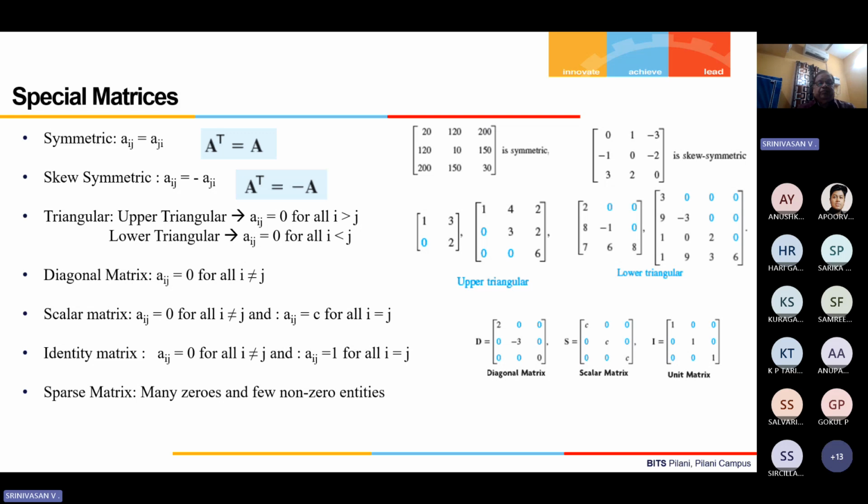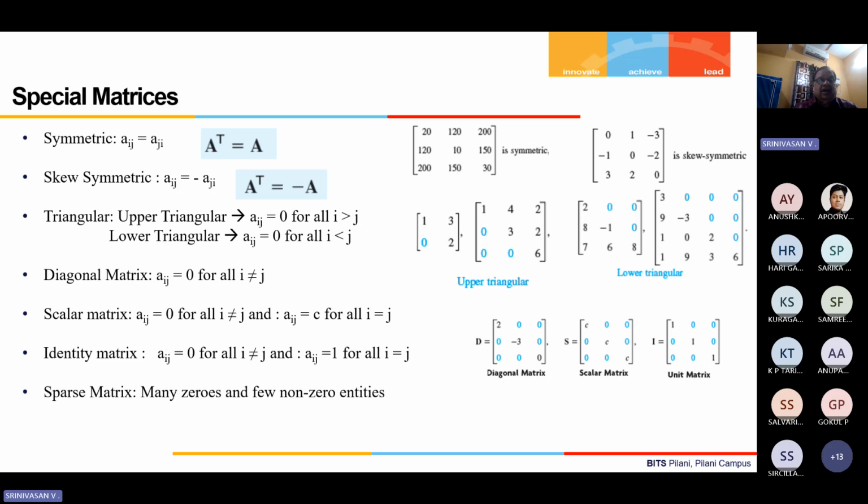Just look at 20, 120, 200 as the first row, and 20, 120, 200 as the first column. 120, 10, 150 are the second row elements, and 120, 10, 150 the second column. Similarly, third row, third column. So if the row and column elements are the same, that is if A equals A transpose, then such a matrix is called symmetric.